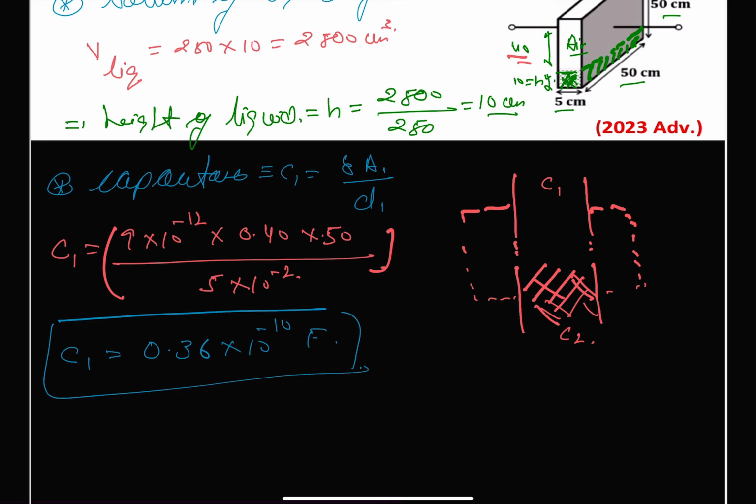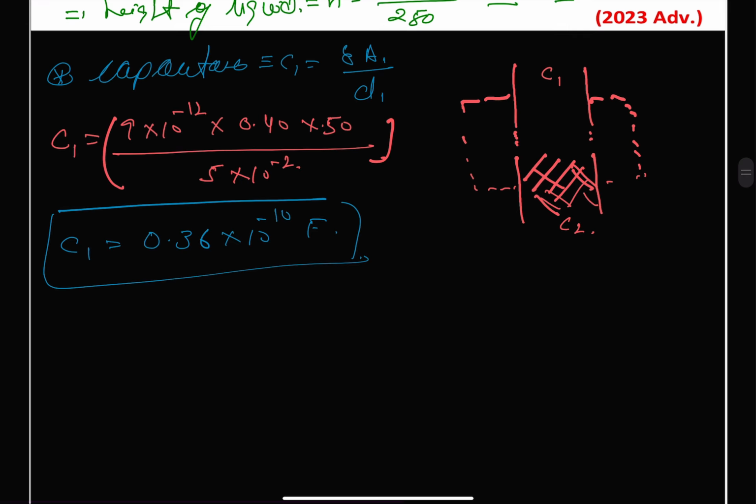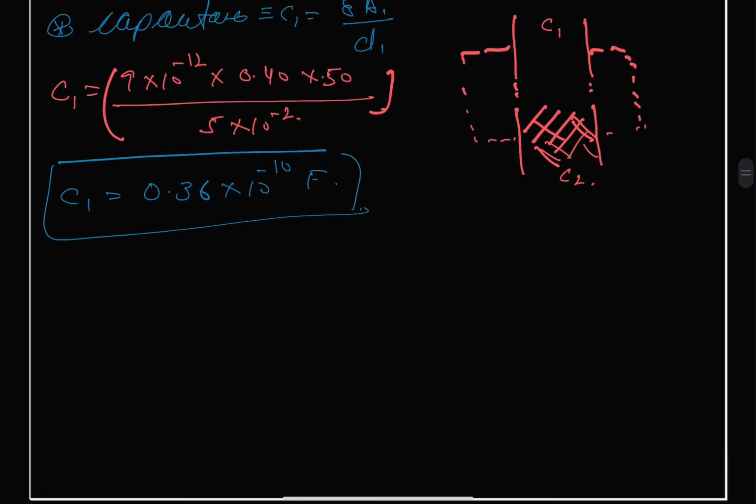Now we can find out capacitance C2, which will be equal to K epsilon naught A2 divided by D2.